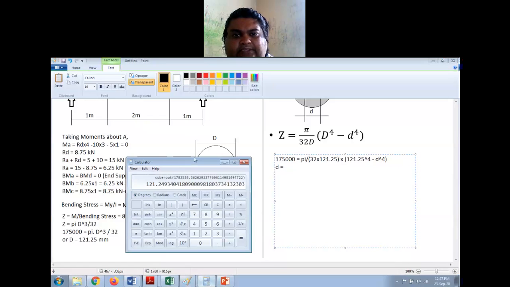Please try on the calculator if somebody can do this quickly. I'll try it here. So this will be pi by 32 by 121.25, this divided by 175,000, is this much, and that is equal to this minus this.